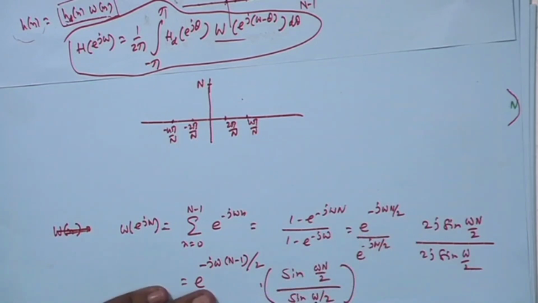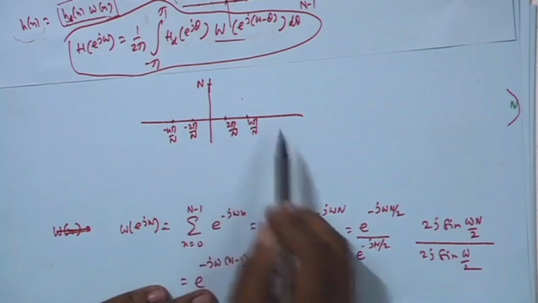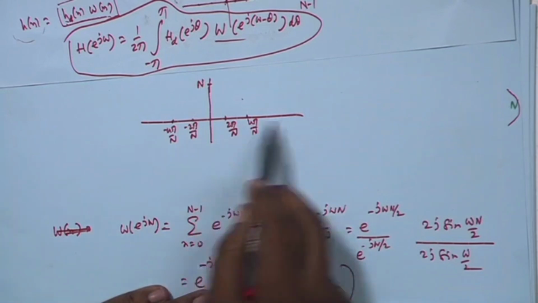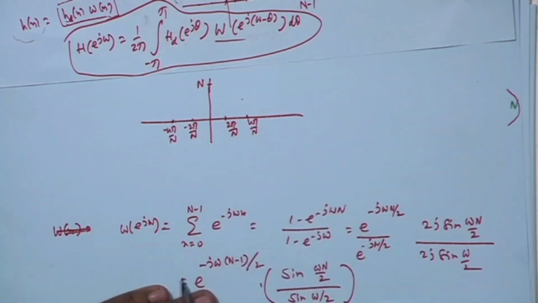But you see, as omega goes from 0 to pi, the angle omega N by 2 goes from 0 to pi by 2. Sin theta, for theta equal to 0 to pi by 2, because omega will be up to pi. You know, DTFT is from minus pi to pi. So, suppose I am going in the positive direction, it will go only up to pi by 2, first quadrant.